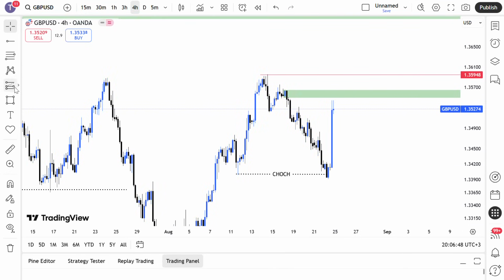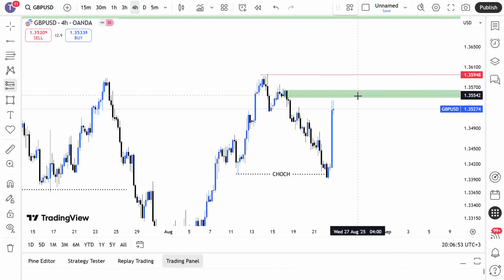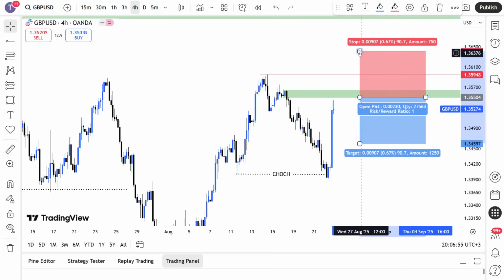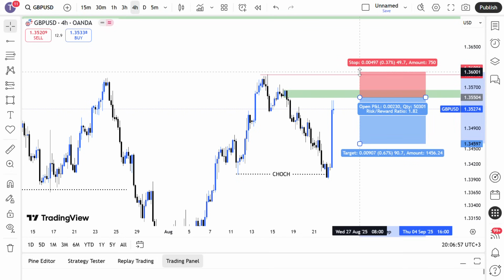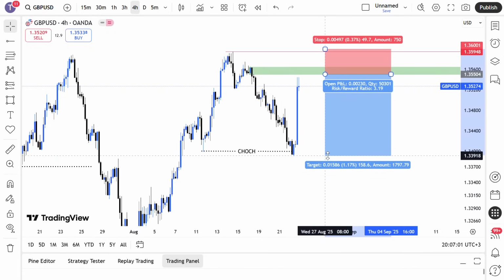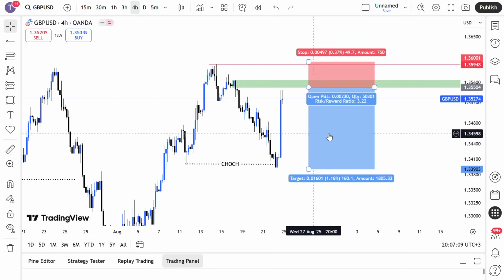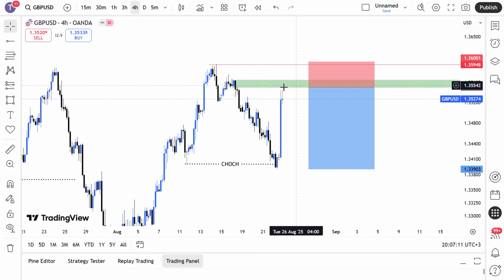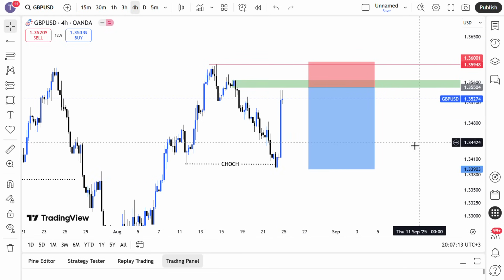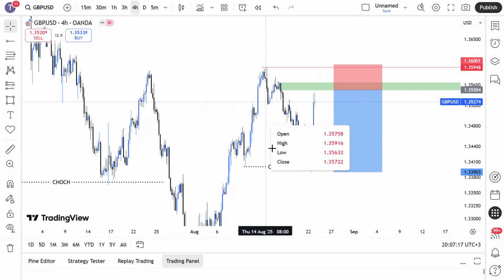I expect to have some selling pressure from maybe around this area, and then the stop loss will be above here, but this trade will be valid if we have a correct change of character. If we don't have any change of character, that means we will not have any entry from this high to the downside. So I think that is very simple for GBPUSD.